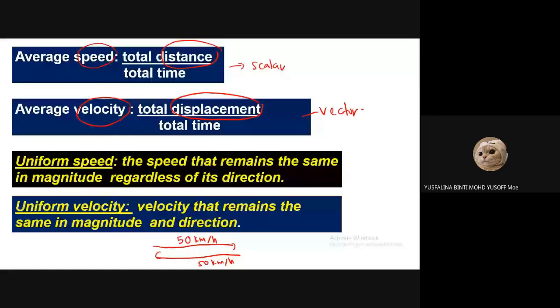And uniform velocity is velocity that remains the same in magnitude and direction. For velocity, you have to consider the direction since it's a vector quantity.